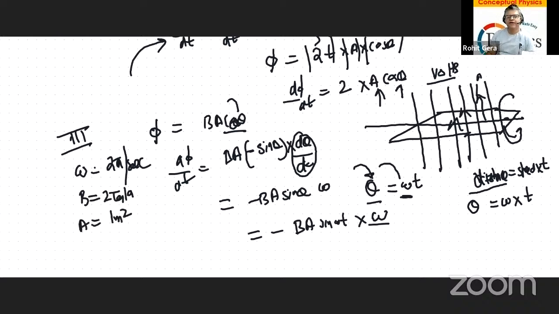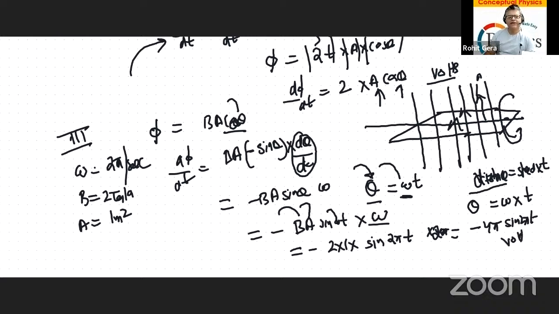Calculate the expression for d phi by dt. Put in B, put in A, put in omega. So this will become minus 2 into 1 into sine of 2 pi t into omega. Omega is also known to you as 2 pi. So this will become equal to minus 4 pi sine 2 pi t volts, because this is d phi by dt.